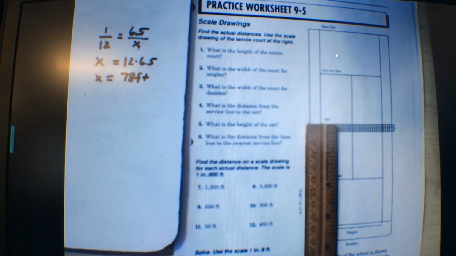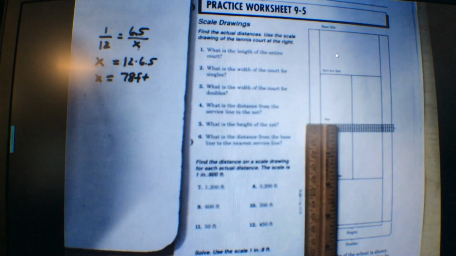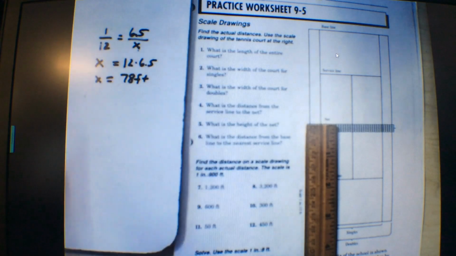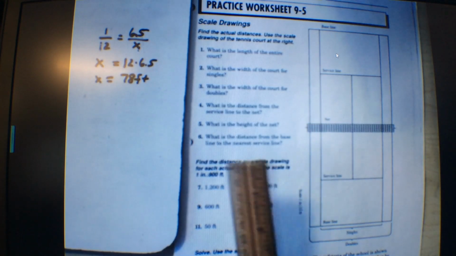I would say 0.25. So write that down, number 5. Write down 0.25 so you know the height of the net. Now you got to use a proportion on that, Olivia. So you're going to go 1/12 equals 0.25 over x, right? Right, Olivia? Okay.